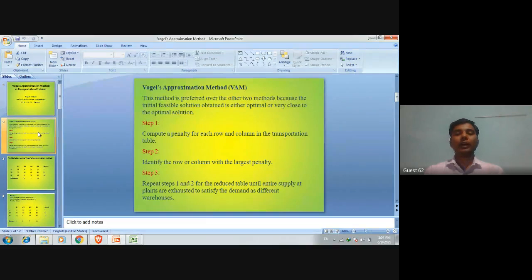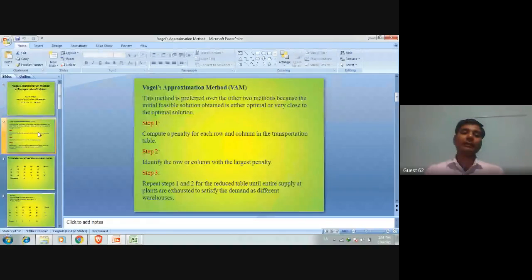That's why, when I was telling you about the methods of transportation problem, I told you that if any question related to the optimality test comes in your exam, you can apply either the NWCM method or the LCM method.